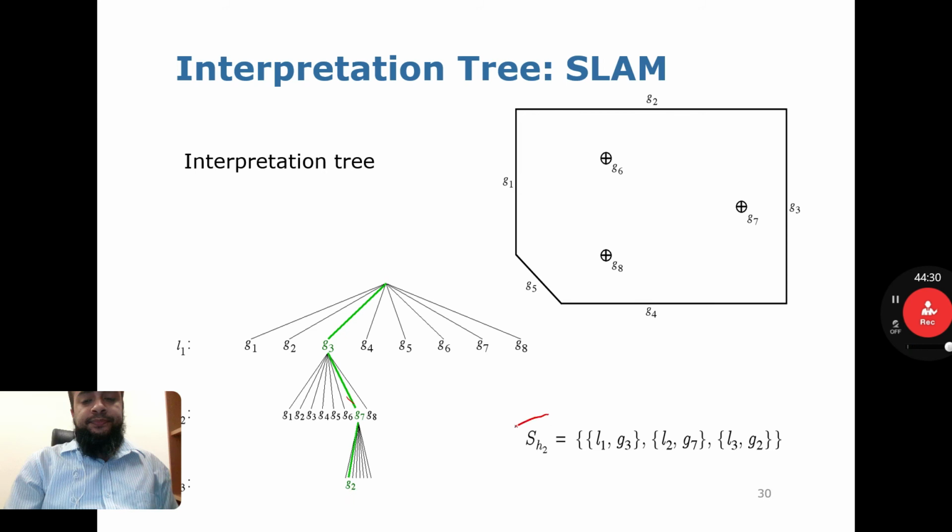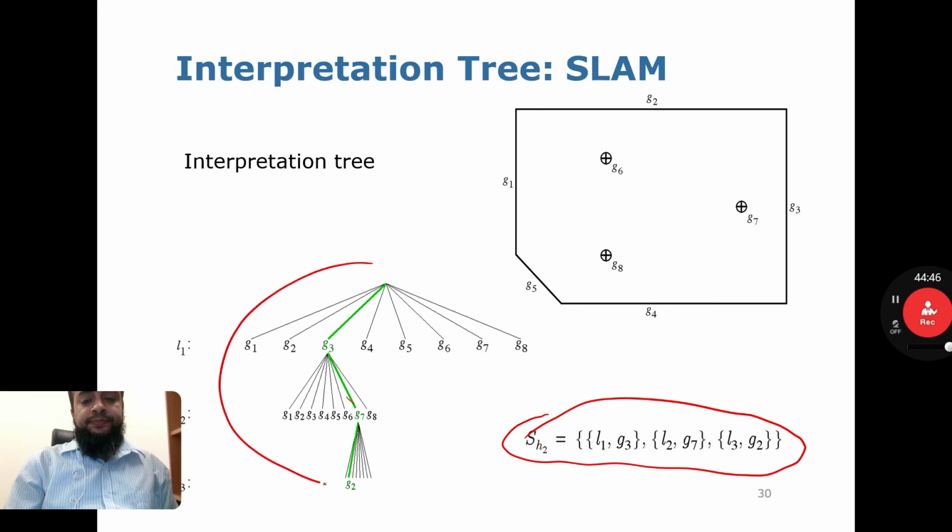So we can select the subset like this one: L1 has minimum cost function g3, L2 has minimum cost function g7, and L3 has minimum cost function g2. So this is like a tree.